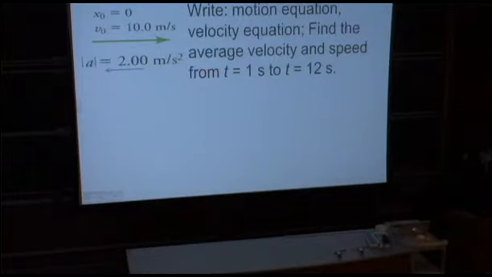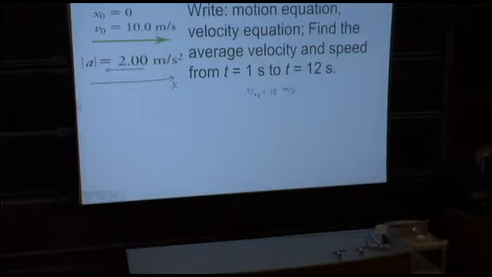Yeah? You see that this blue arrow points to the left. So the natural choice for the positive x direction is to the right. So the x component of the initial velocity is 10 meters per second, but the x component of the acceleration is -2 meters per second squared.